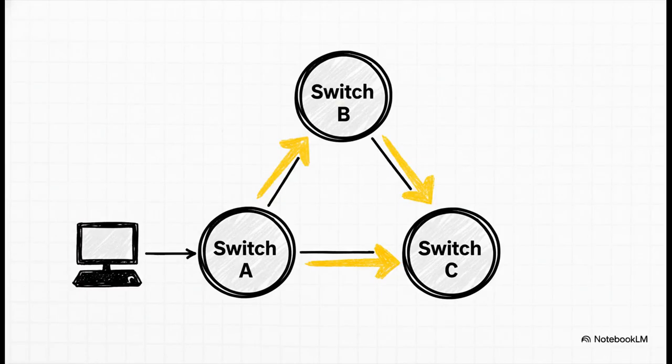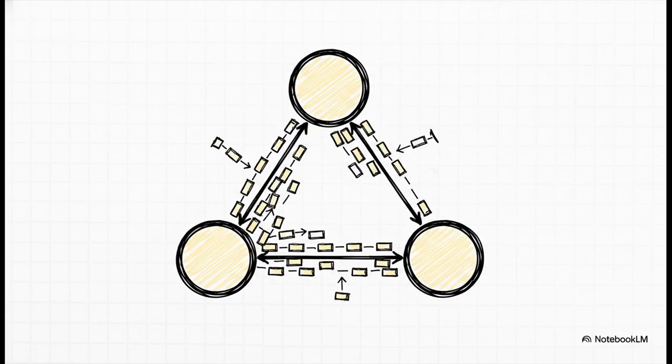Let's just trace it for a second. A computer sends out just one single broadcast frame. It hits switch A, which does its job and floods it out towards switch B and switch C. Switch B gets it, floods it to switch C, which gets it and floods it right back to switch A. It's just made its first trip around the loop. But it doesn't stop there. Of course not. As that original frame is circling, each switch sees it come in on a new port and floods it out again.